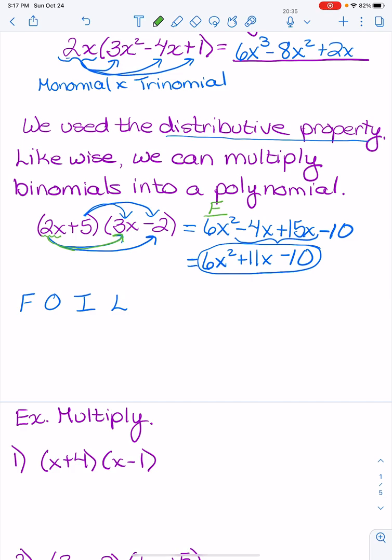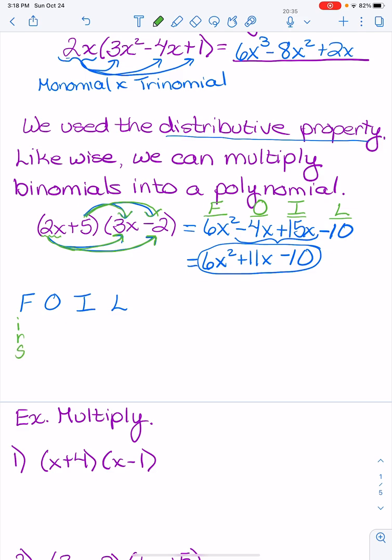Notice that 2x and negative 2 are the outer terms. That's what the O stands for, outer terms. And then we do 5 times 3x. Notice those are the inner terms of the binomials. So those are inner. And then the last terms are the 5 and the negative 2. So first, outer, inner, last.